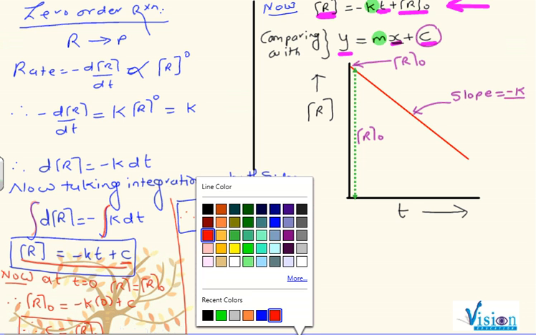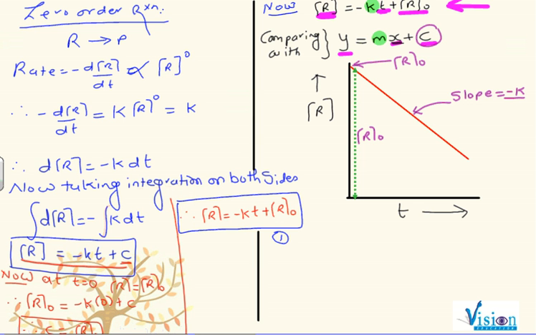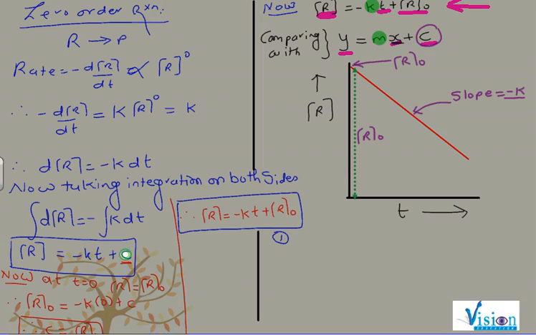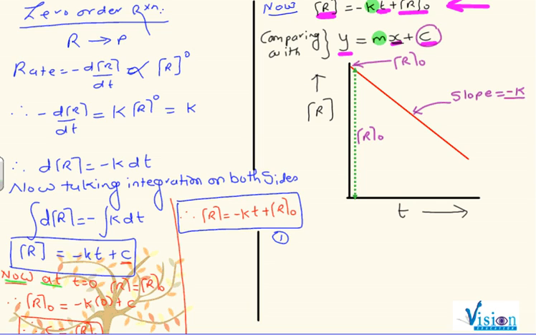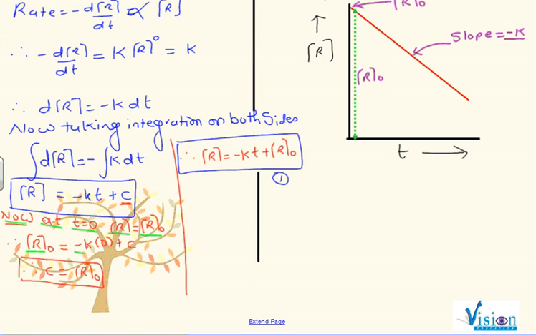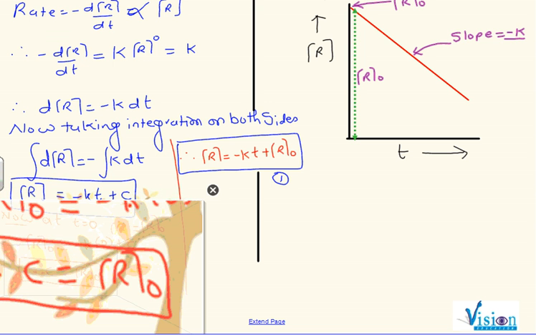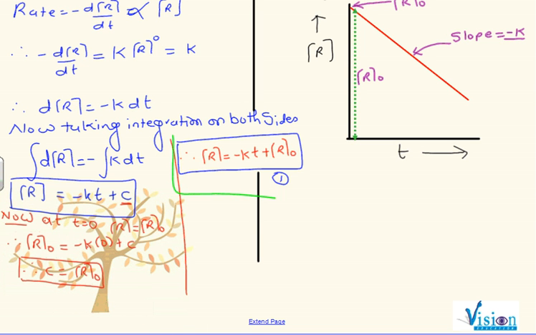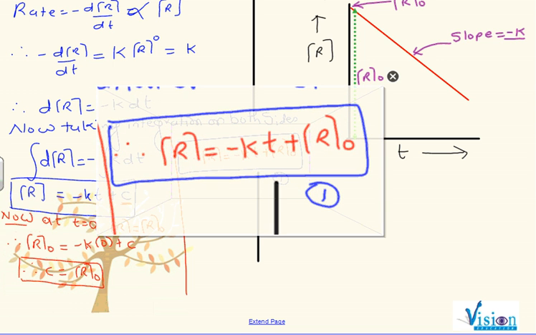Correct or not? Now if you want to find out the value of c, at time t equal to 0, R equals to R0, therefore R0 equals to minus k into 0 plus c, so c equals to R0. Correct or not? And if we substitute that value, the final equation which we are getting is R equals to minus kt plus R0.